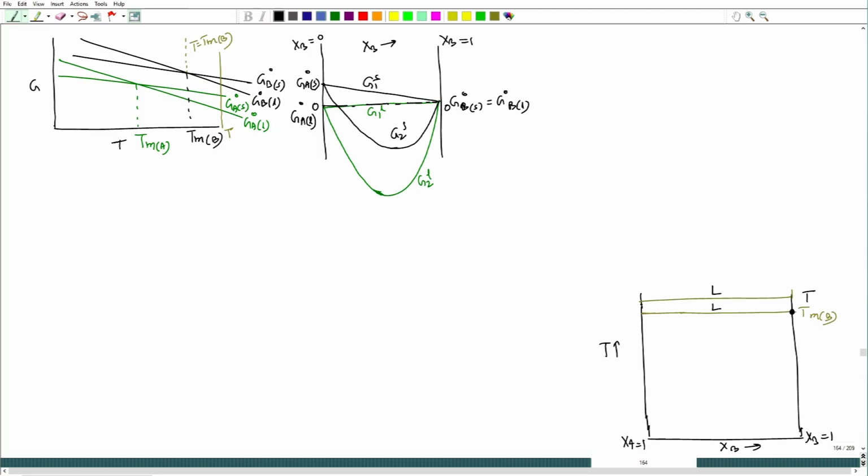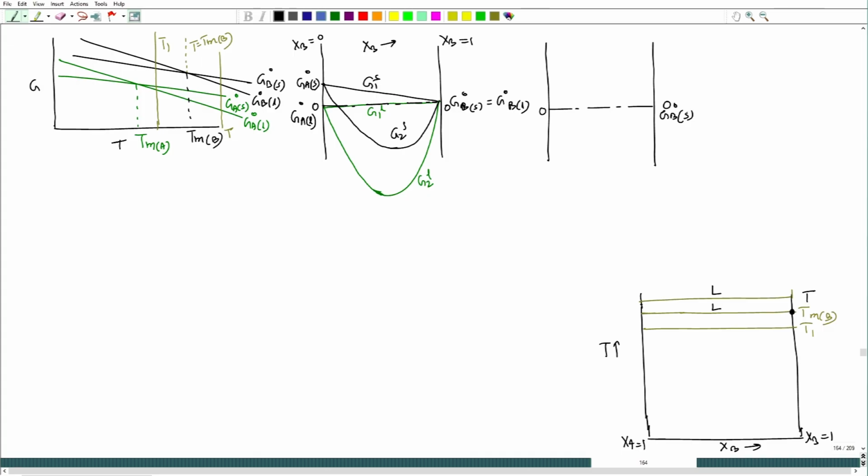So, minus T delta S mix contribution will be felt less. Okay. Now, let us say I do a temperature at this. Let us say this is T1. Now, at T1 let me draw that. At T1, now G B solid would be stable.